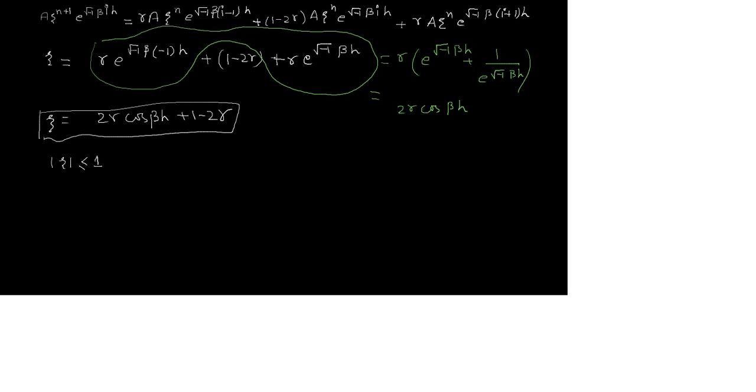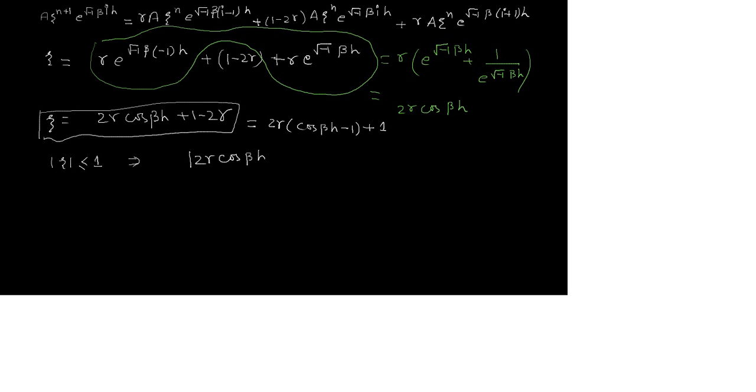So this will give me the mod of 2r cosine beta h plus 1 minus 2r, which I can further simplify. If I take 2r common, it will be cosine beta h minus 1.